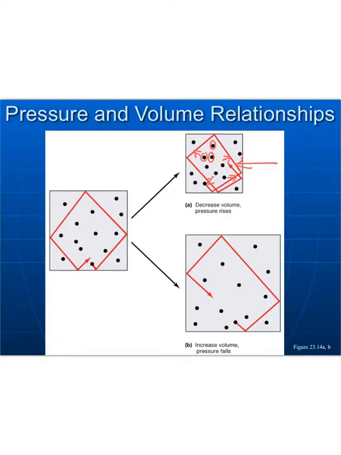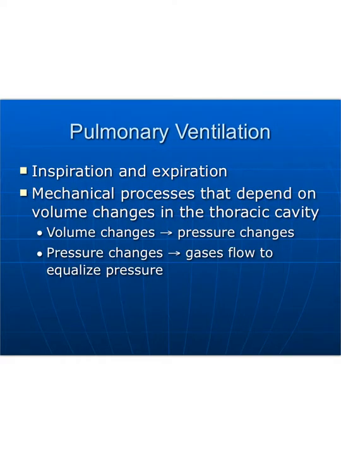Remember, because of kinetic energy, molecules are always in movement. So if we increase the volume, the pressure is going to decrease, because now the gas molecules will not hit each other or the sides of the wall as often. So you see an inverse relationship between volume and pressure. Here we saw the volume decrease, that's why the pressure rose.